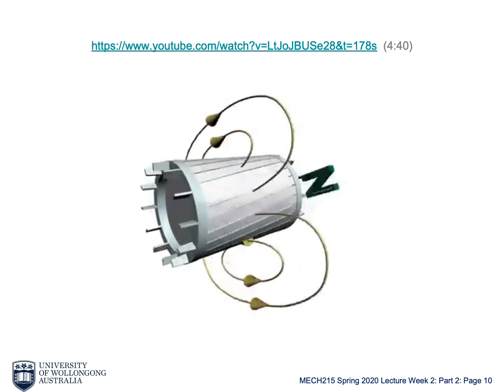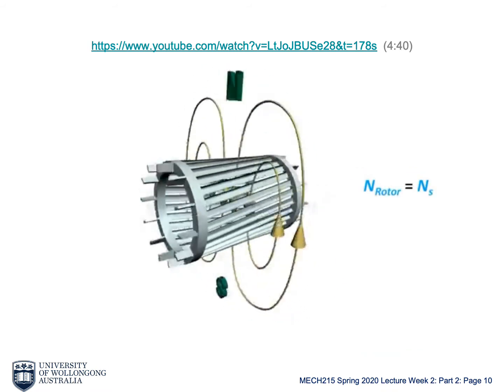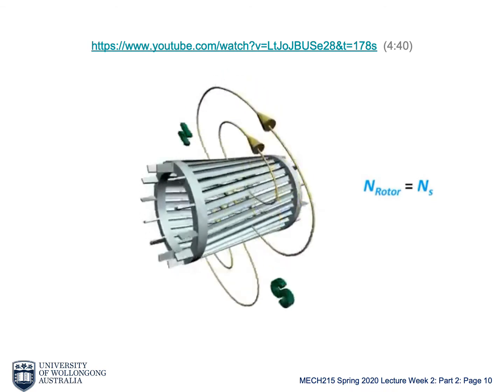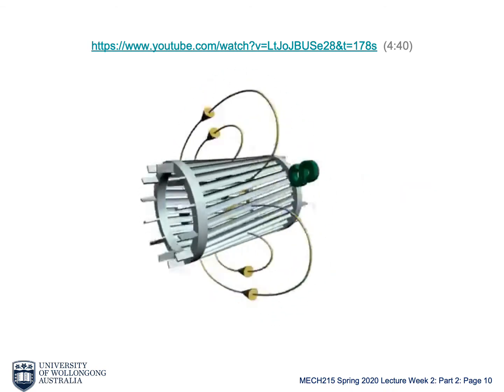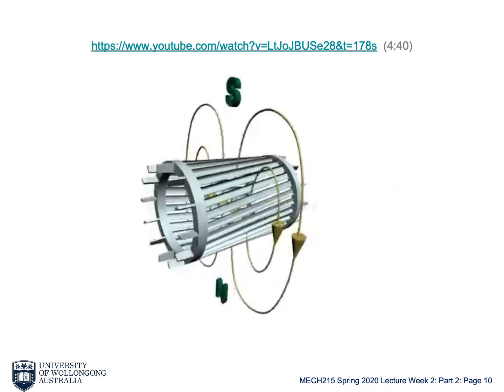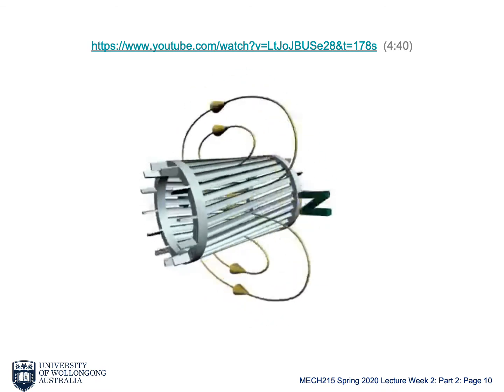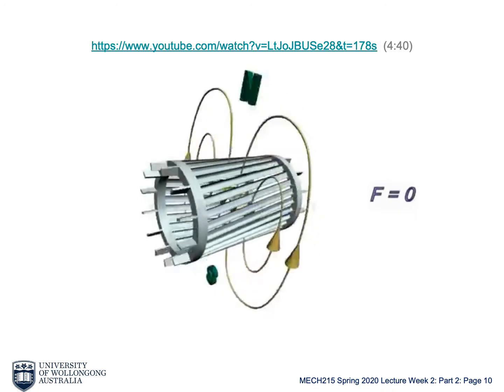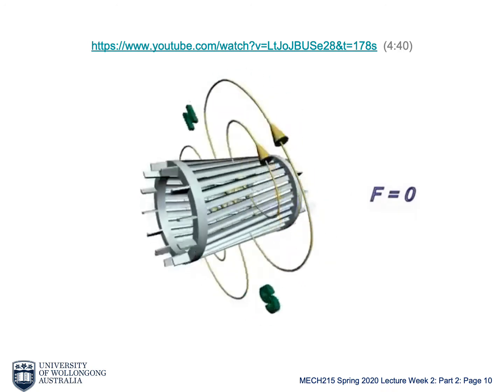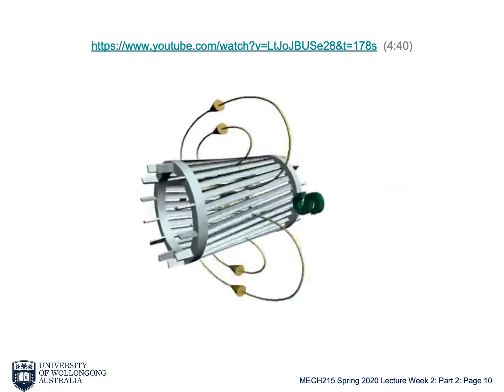Consider a case where the rotor speed is the same as the magnetic field speed. Since both are rotating at the same speed, the rotating loop will always experience constant magnetic field. So, there won't be any induced EMF and current. This means zero force on rotor bars. So the rotor will gradually slow down.